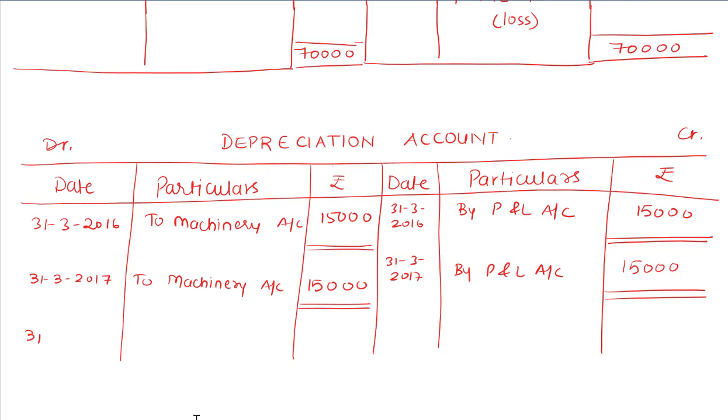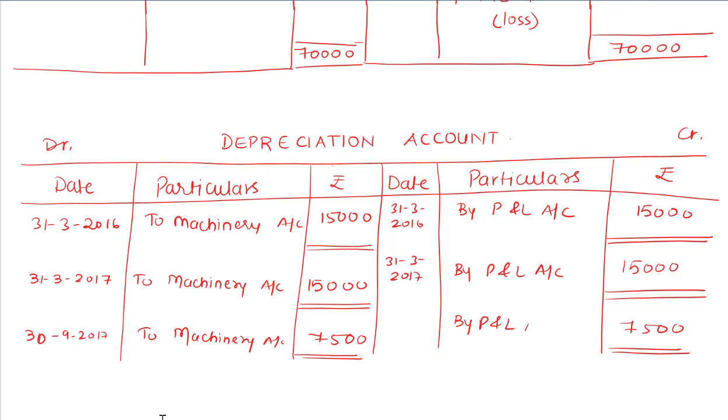Next, 30/9/2017 to machinery account, 7,500, and this 7,500 will be transferred to profit and loss account.